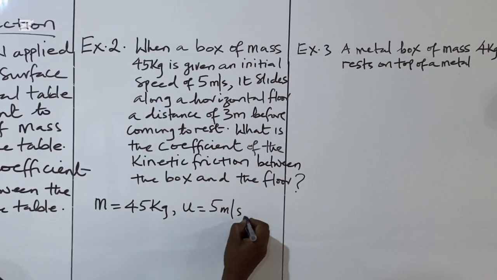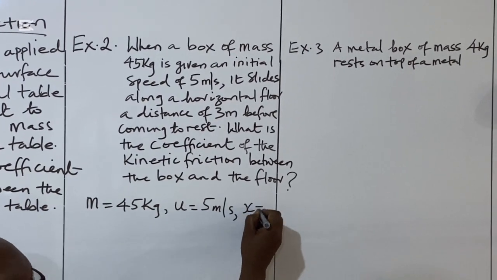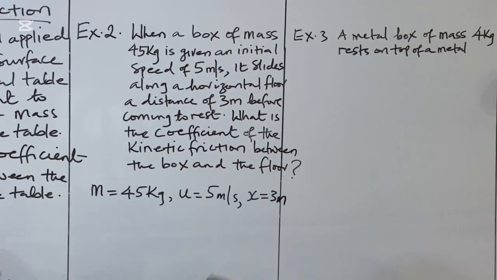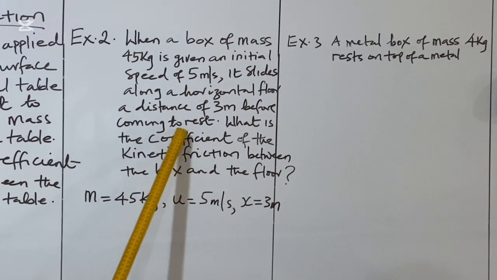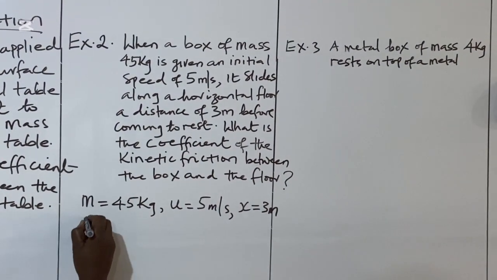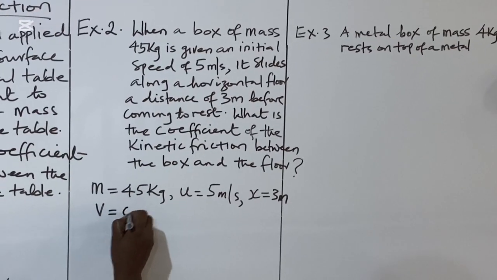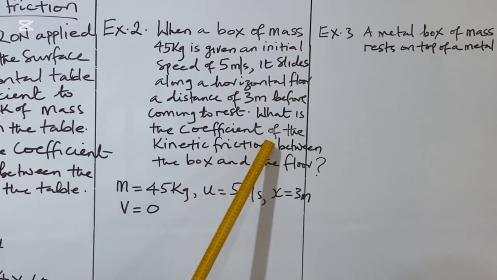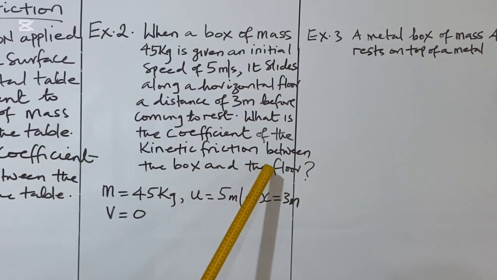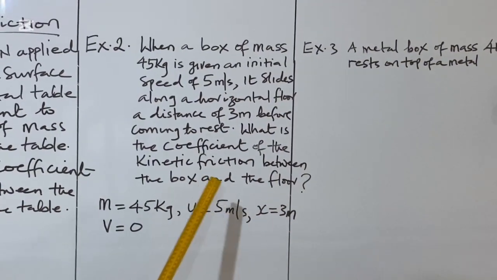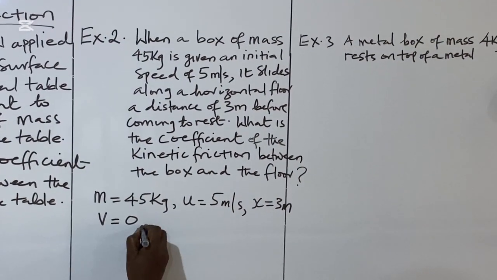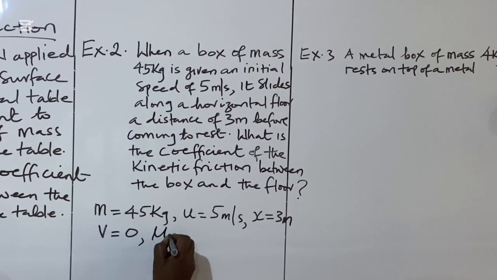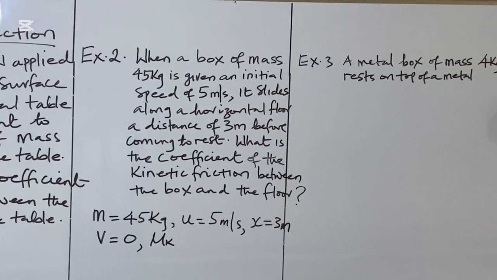That's X. X is equal to 3 meters. Before coming to rest, that means the final velocity V is equal to 0, right? What is the coefficient of the kinetic friction between the box and the floor? They are asking us for our mu, right? Kinetic friction.